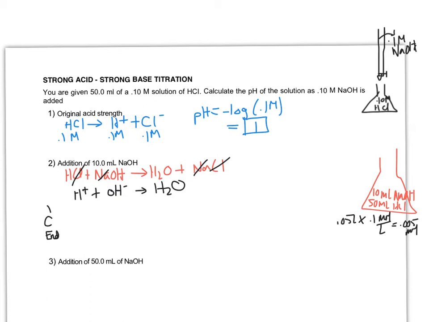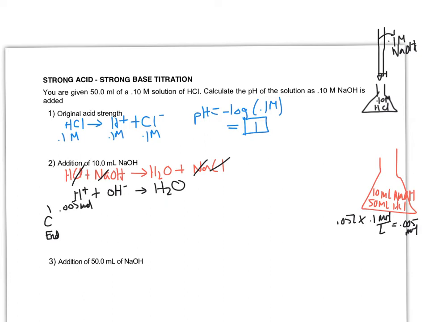So I'm going to write that down, 0.005 moles. Now, the reason I'm doing this in moles as opposed to molar is because I'm adding two solutions together, and my concentrations will change when I add them together because my volumes change. So I would say it's helpful when you're doing titrations to do these in moles as opposed to molarity, but then at the end change to molarity when you need the pH, of course.